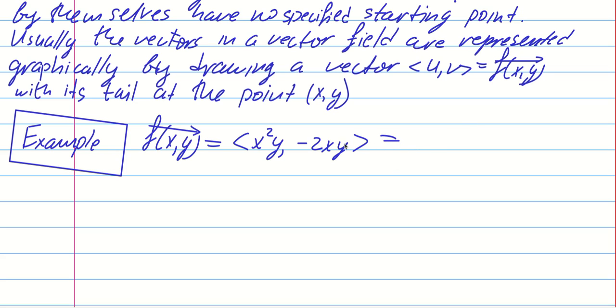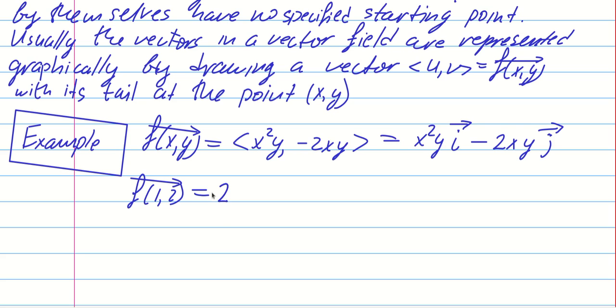We can write it in this format, or we can say x squared y i minus 2xy j, if you want to write it in this way. So what would be f of 1, 2? We plug in 1 and 2: 1 squared times 2 is 2 for the first component, and for the second component 1 times 2 is 2, times negative 2 is negative 4.